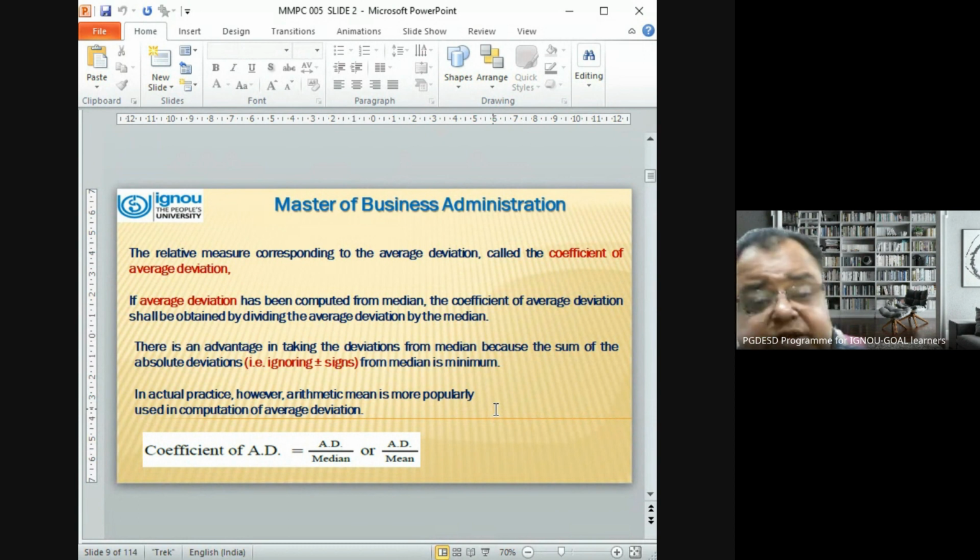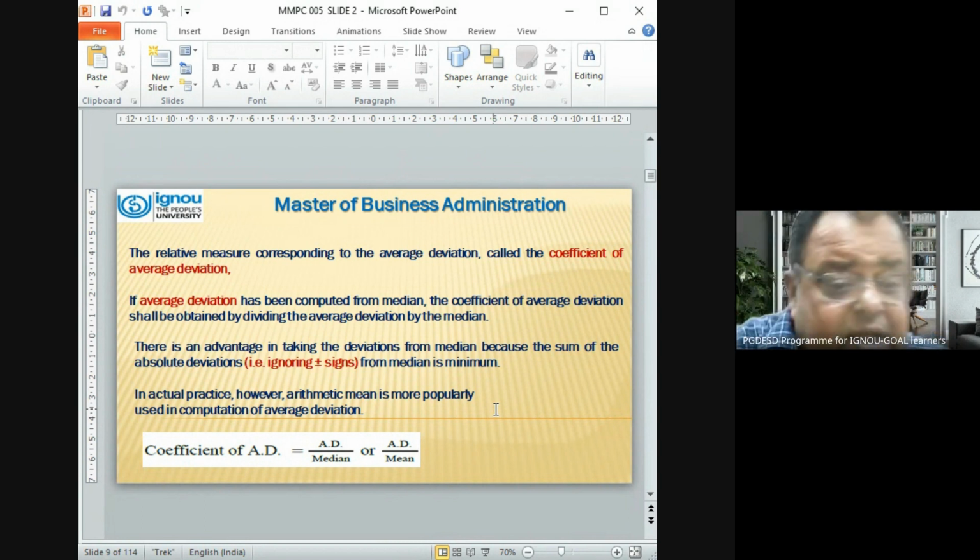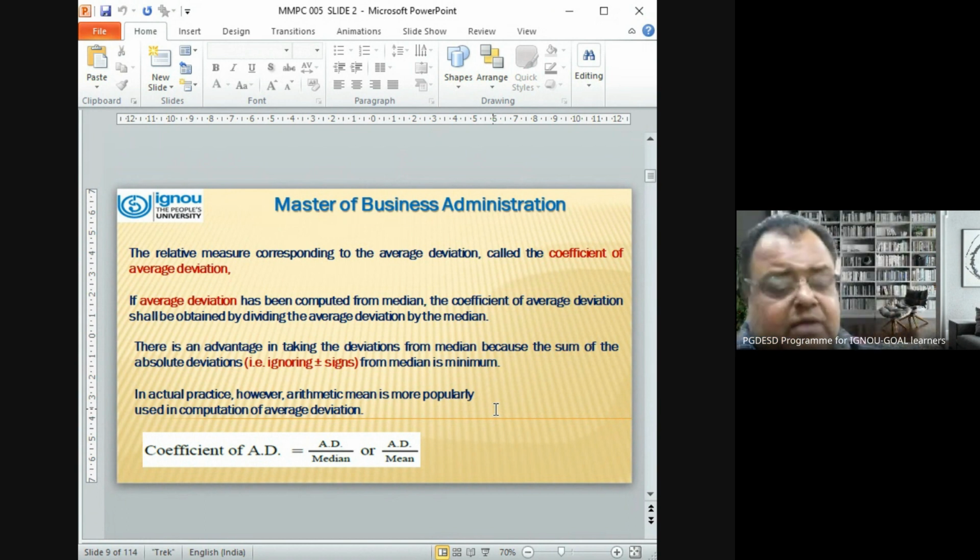If average deviation has been computed from median, the coefficient of average deviation shall be obtained by dividing the average deviation by the median. If the deviation has been calculated from mean, the mean will be used in the denominator, and if median is used, in the formula mean will be replaced by median.